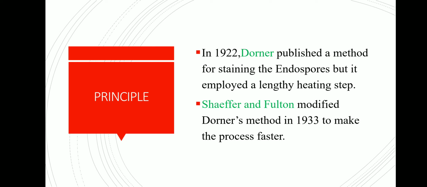Principles of endospore staining: in 1922, Turner published a method for staining the endospore, but it employed a lengthy heating step. So, Schaeffer and Fulton modified Turner's method in 1933 to make the process faster.